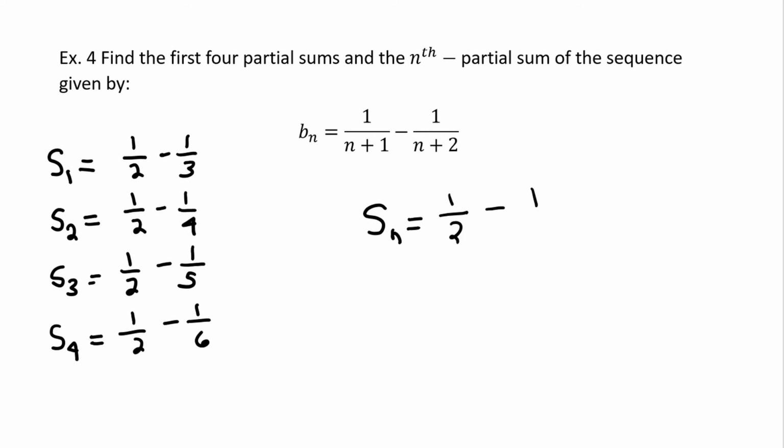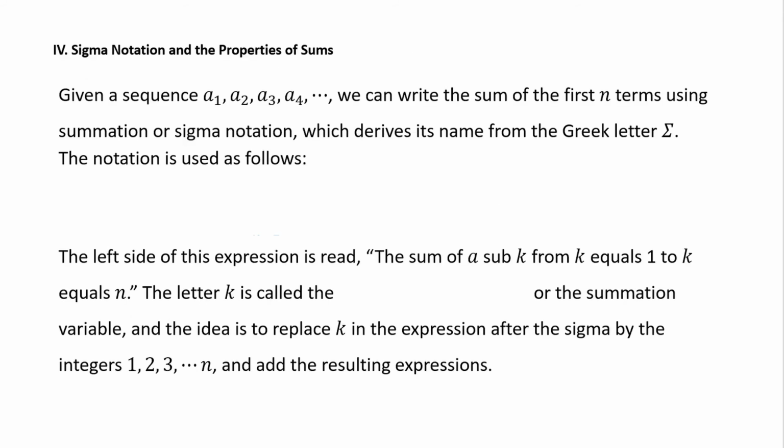That's 2 more. For 2, it is 4. That's 2 more than the subscript. For the third partial sum, the number in the denominator of the second term is 5, which is 2 more. And so we recognize that the nth partial sum is going to be 1/2 minus 1 over the quantity n plus 2.